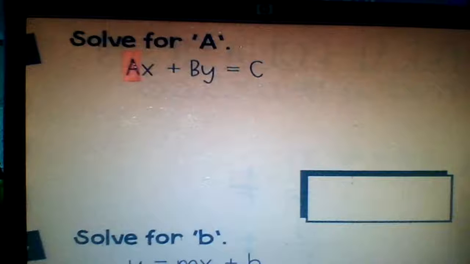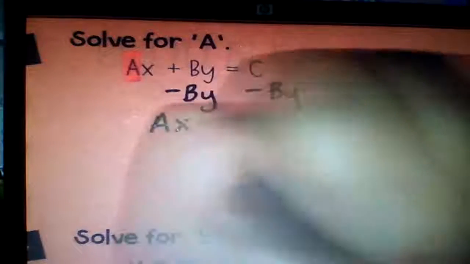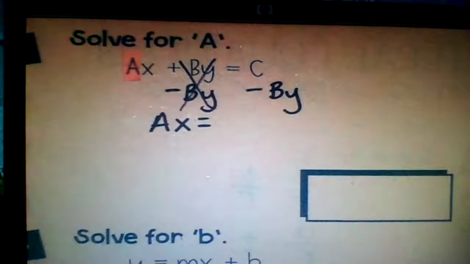Okay, so the first thing I want to do is get rid of anything that does not have an A. So what should I move first? The BY. So we have to subtract the BY. Can I put C and BY together, or do they just go side by side? Side by side. They are not the same.